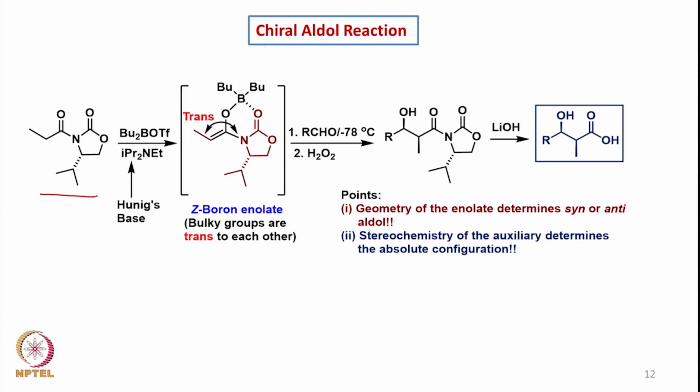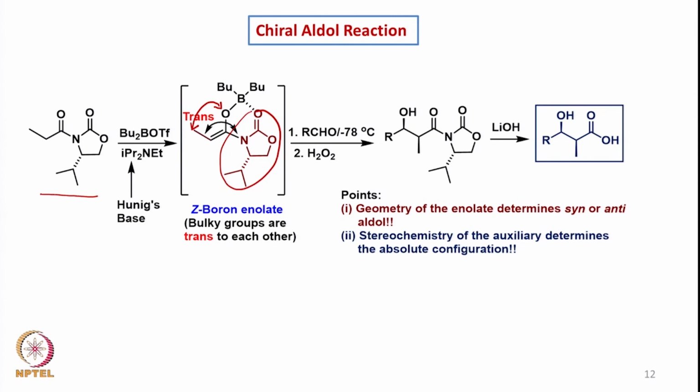Now you react this with the Hünig base, diisopropylethylamine, and Bu2BOTf. We discussed how this can lead to the formation of the Z enolate. So now what we have here is the Z enolate, in which the methyl group and the auxiliary are of course trans to each other.